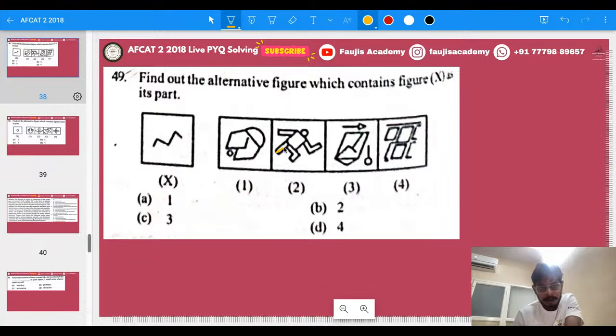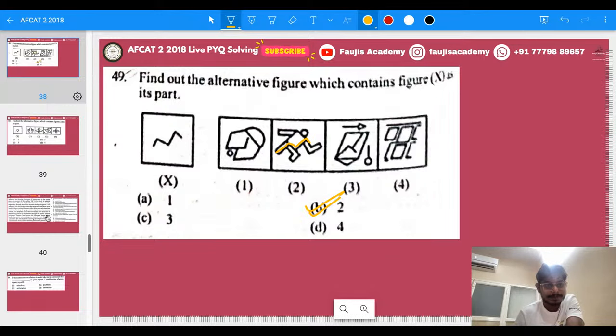Can we draw something like this? What happened? It's okay, it was just a couple of questions. Don't be in shock. So the answer to this question will be B.